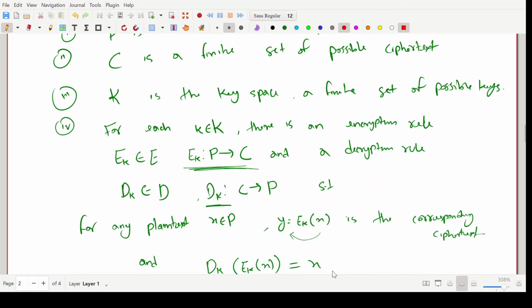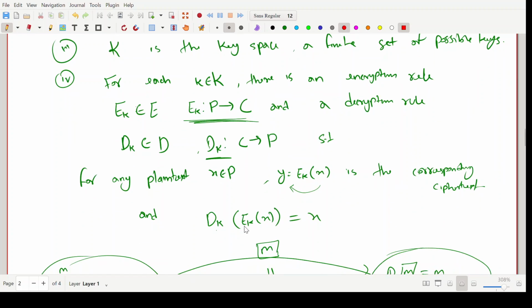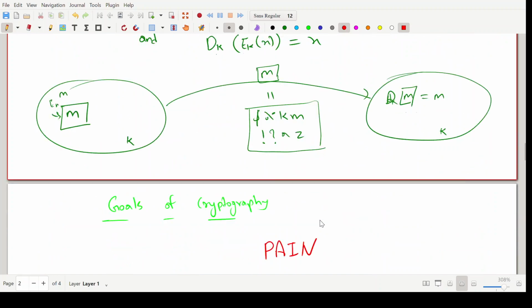Suppose I have a key, there will be an encryption rule and a decryption rule, such that if I encrypt a plain text, I'll get a new text, which we call ciphertext. So this is Y. And if you decrypt this encrypted message e_k of x, you'll get your plain text.